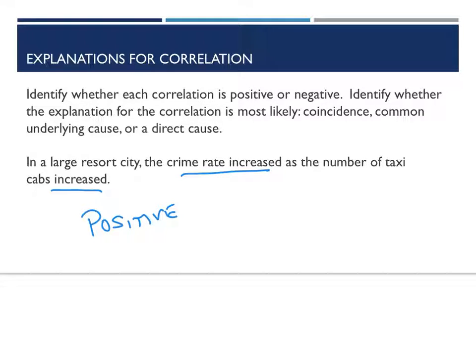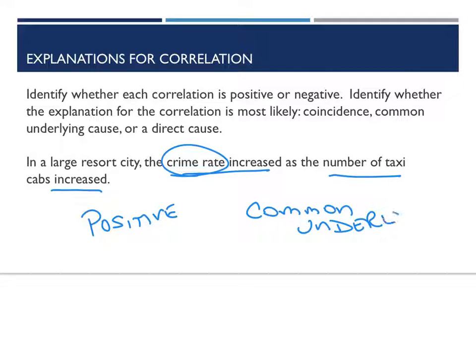It's also not a coincidence. To support more taxi cabs in a city, the population needs to increase. If you have more people, the crime rate is also going to increase. So this is a common underlying cause. And the common underlying cause would just be more people.